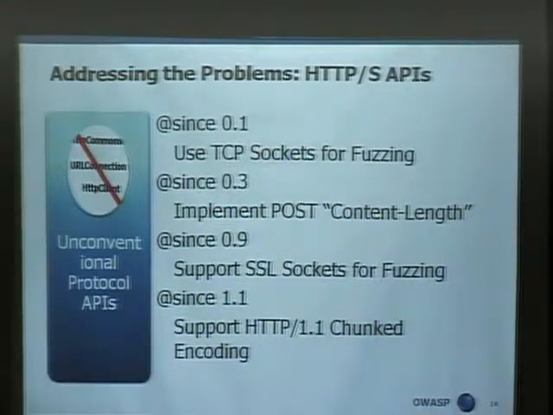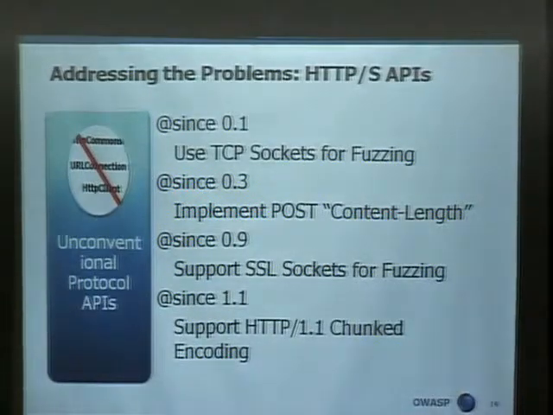So if today you started writing a fuzzer and decided to rewrite the sockets to implement HTTP for fuzzing, what would you need to overcome? You'd have to implement the post content length rewrite. Every time you're posting something, if the length of the post changes, i.e. you've selected a parameter and you're fuzzing that parameter, then the content length changes.